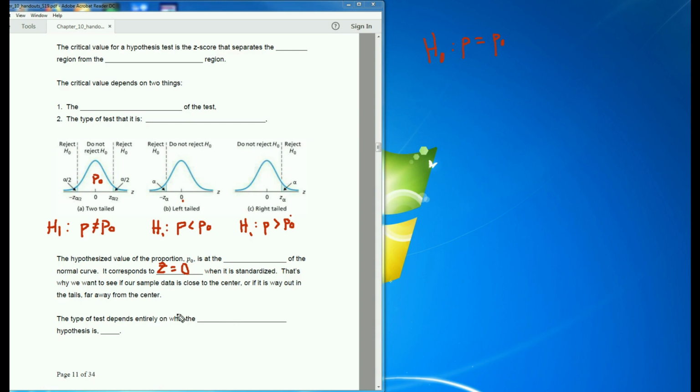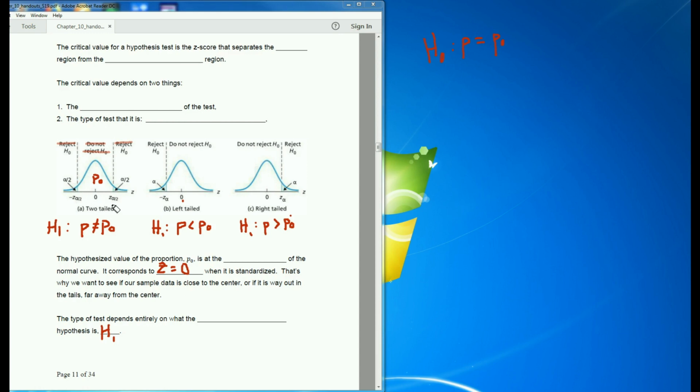Okay? And again, the type of test depends entirely on what the alternative hypothesis is, your H1. That is very important to correctly write H1 because that will determine if it's a two-tailed test, a left-tailed test, or a right-tailed test. It will also then determine where your do not reject region is and where your rejection region is.